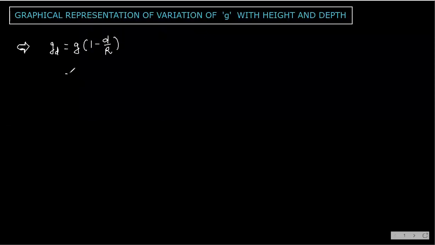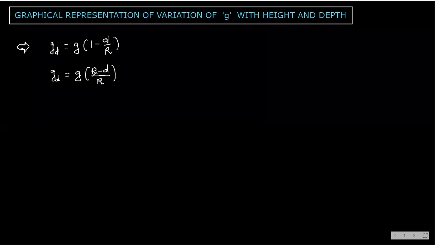Now this is equal to g into (R minus d) divided by R. Here g_d means acceleration due to gravity at depth d. Understood?